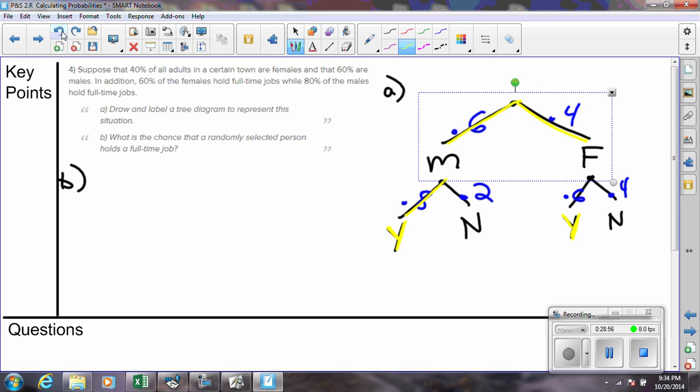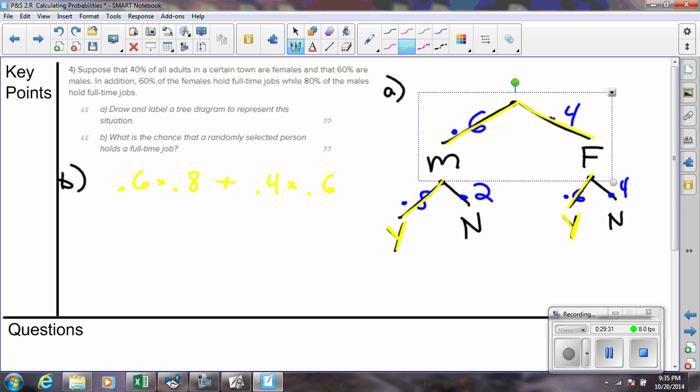If we want the probability that a man has a full-time job, we just have to multiply the probabilities on this path. That's 60% times 80%. But we've got to add in the other option, a man or a woman, 40% and 60%, so 0.4 and 0.6.